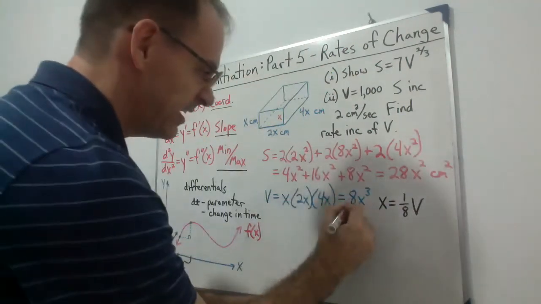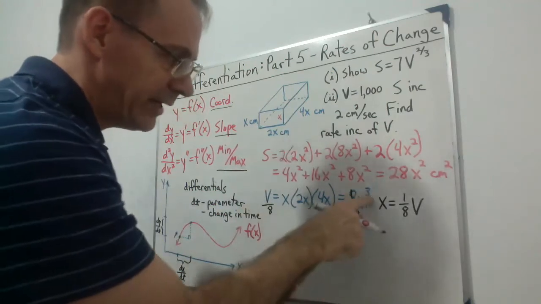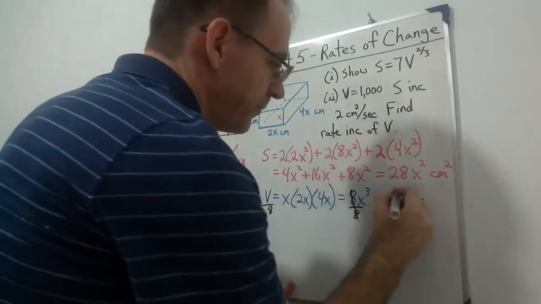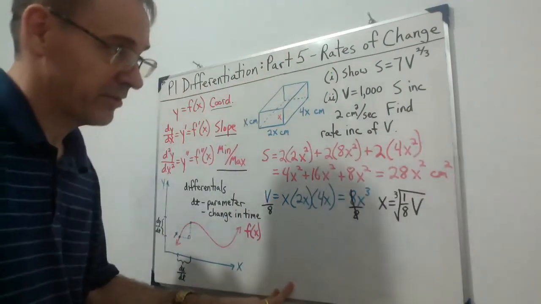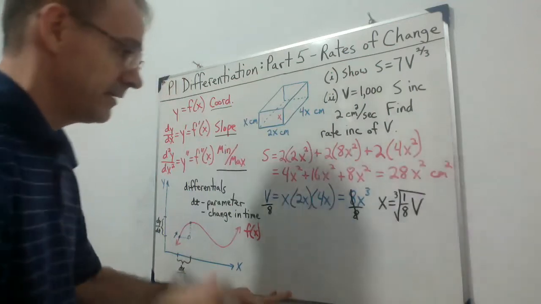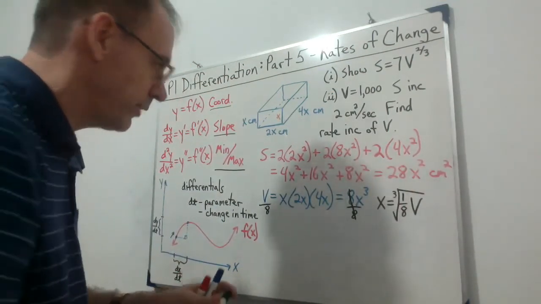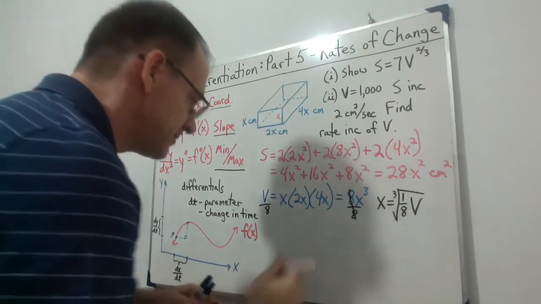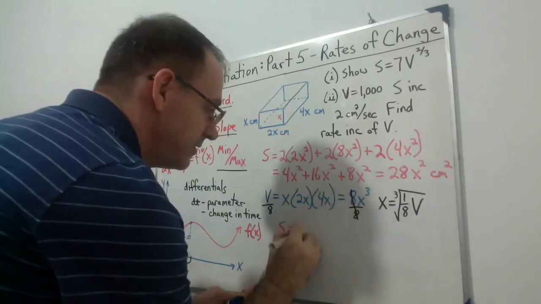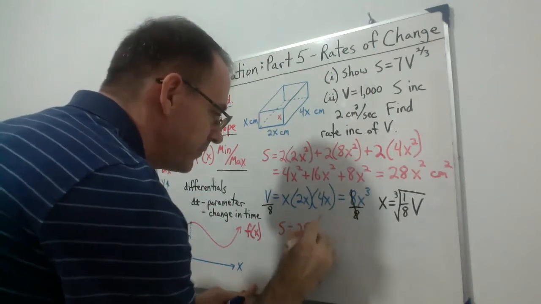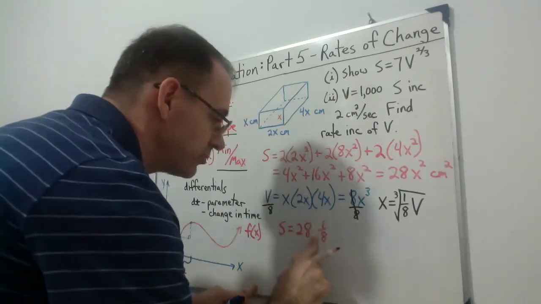So we divide both sides by 8. Then we need to cube root it. So cube root the 1/8 v. Okay. Now we want to plug that in here, and we get S equals 28 times this 1/8, or cube root of 1/8.